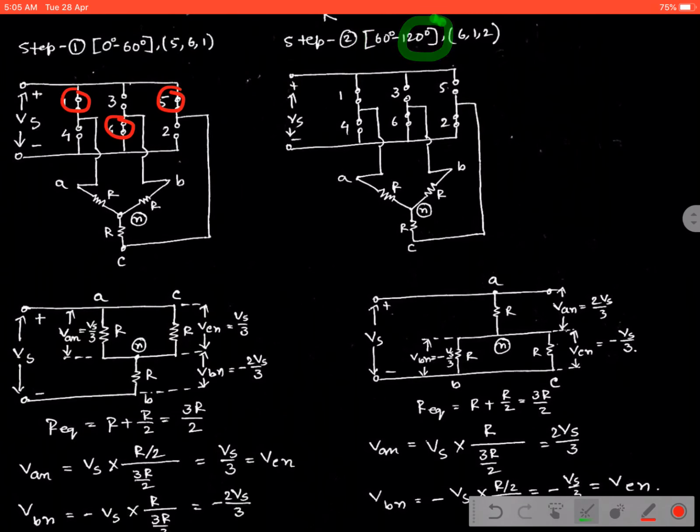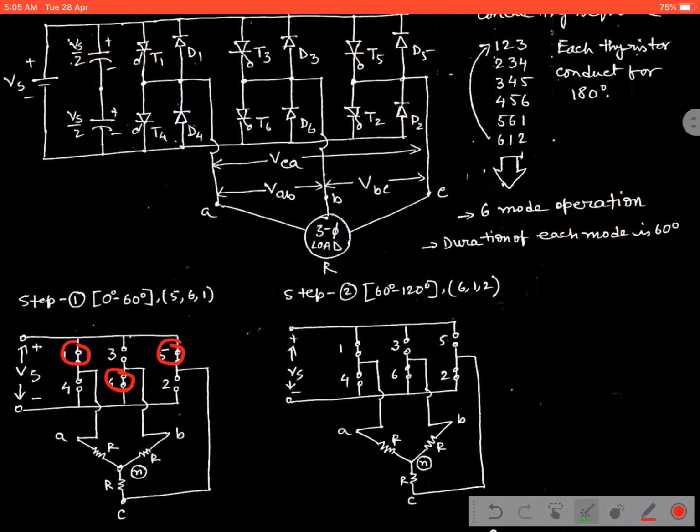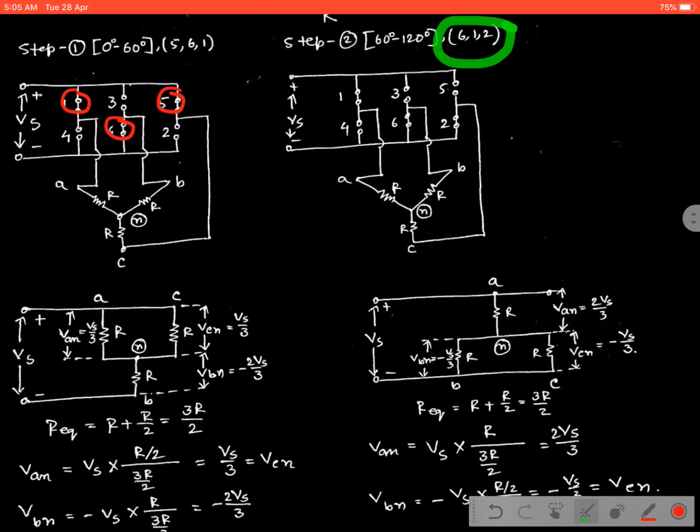In this case, as per the switching sequence, switches 6, 1 and 2 will be in the on state.